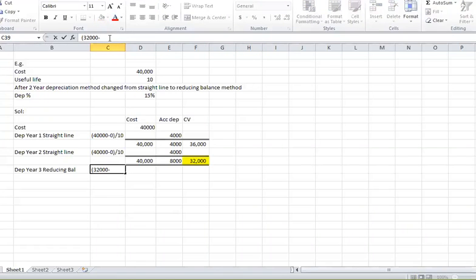So instead of cost, we will use carrying value minus accumulated depreciation after change in estimate. So we have not charged any depreciation until now after change in estimate, into depreciation percentage. And what is the depreciation percentage? It is 15%.